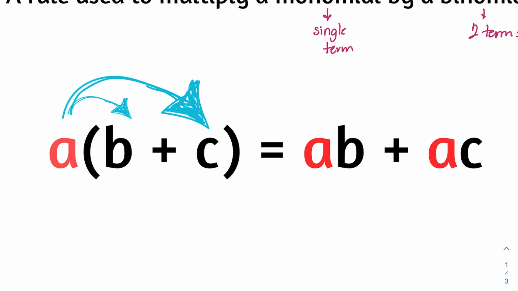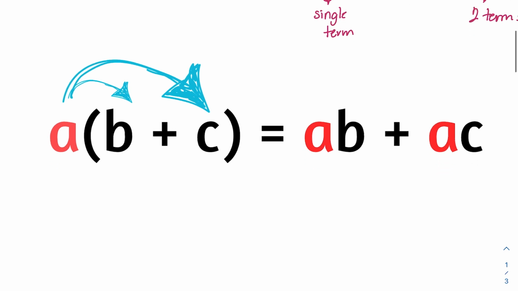I'm going to multiply that term outside to everything inside, to the first term and the second term. If there were 3 or 4 terms, that A would get distributed to every term that is inside of that set of parentheses. So when we do that, we get a result of A times B plus A times C.